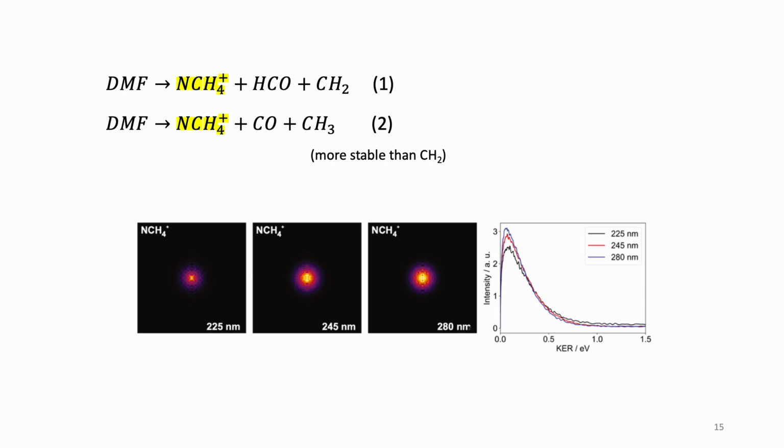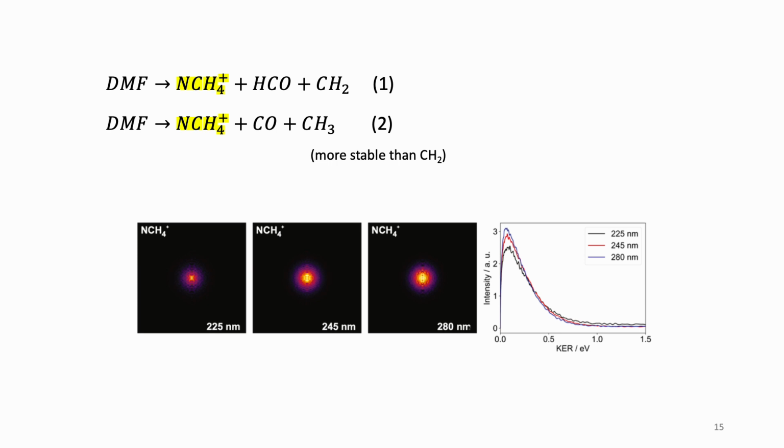One pathway involves the transfer of a hydrogen atom from one of the methyl groups to the nitrogen, while the other pathway involves hydrogen transfer from carbon to nitrogen through amide bond dissociation. Since CH2 is less stable than CH3, the latter pathway requires much lower energy. This channel has a lower energy requirement but operates with high efficiency.